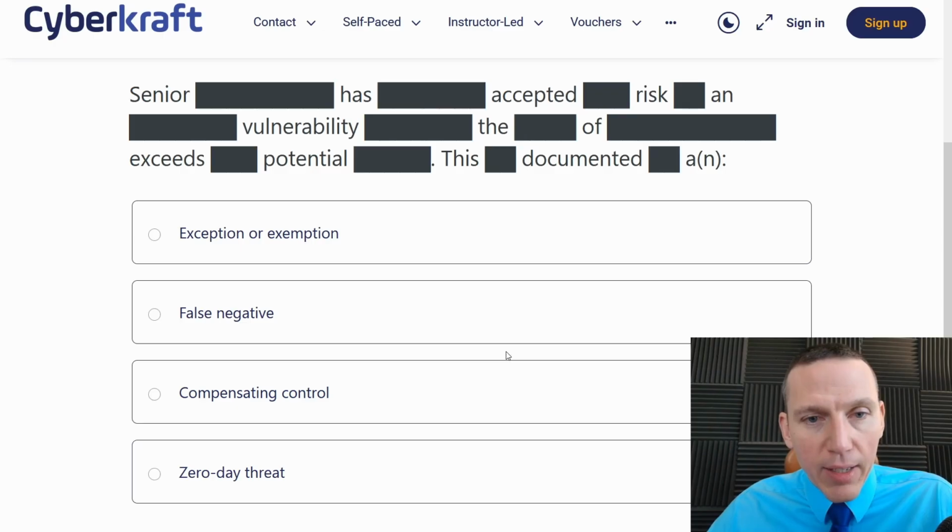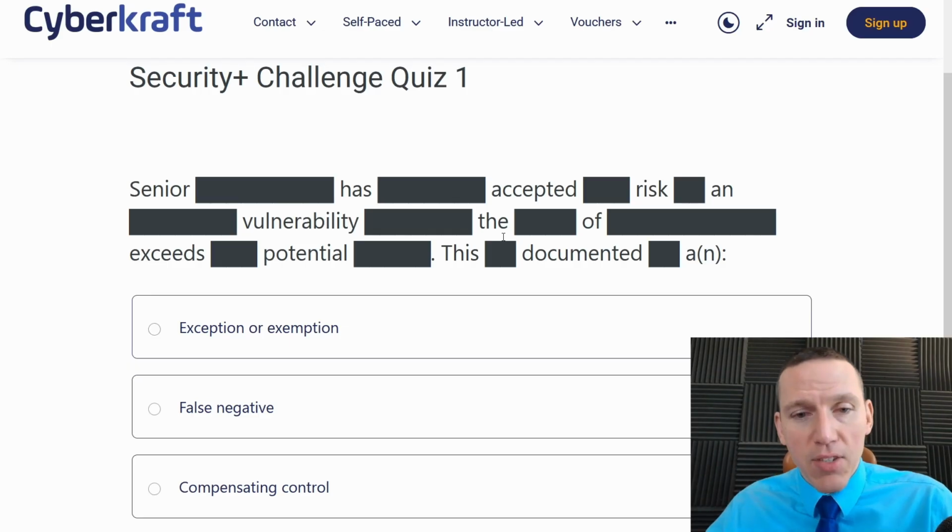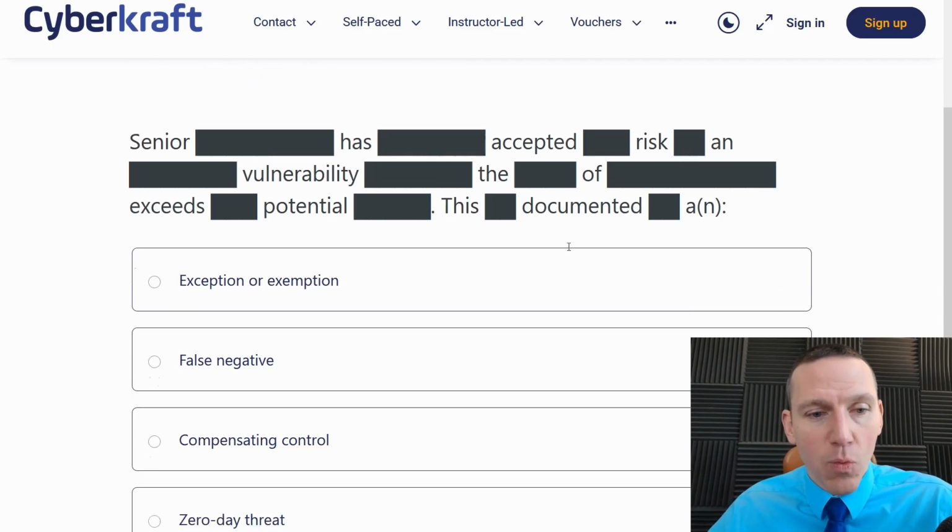Senior blank has blank accepted the risk of blank vulnerability, blank the blank of blank exceeds the potential risk. Oh, geez. Okay, so it's a risk question, and something exceeds the cost of the potential risk. This is documented as a what?